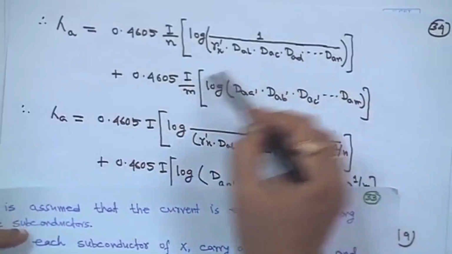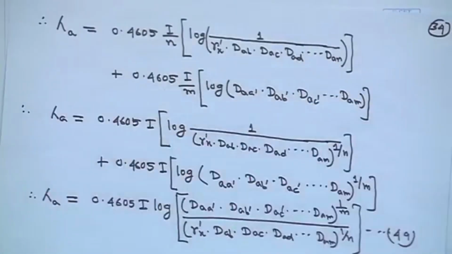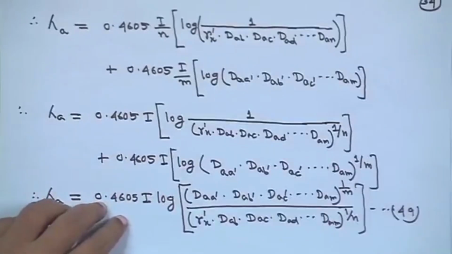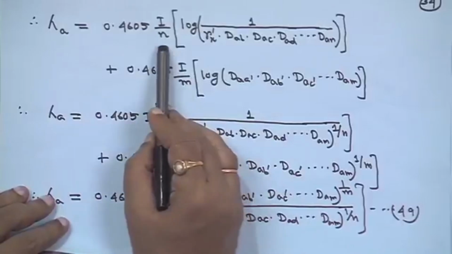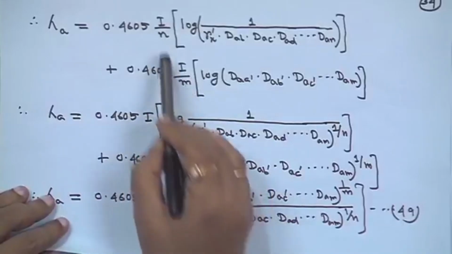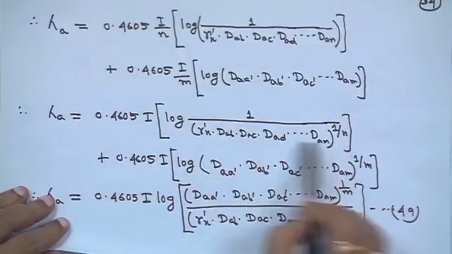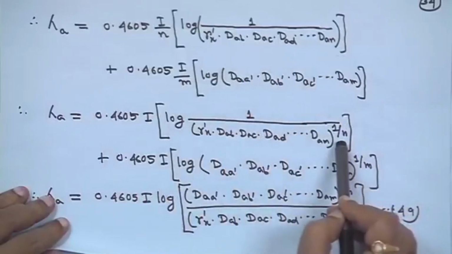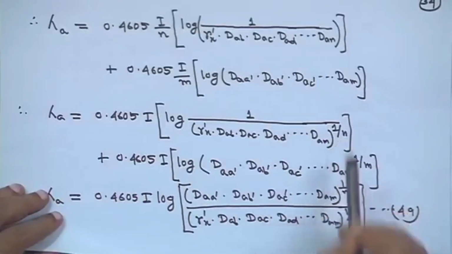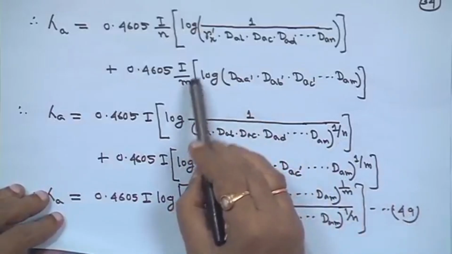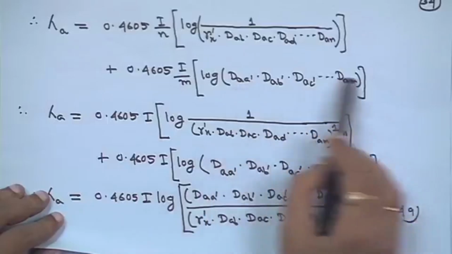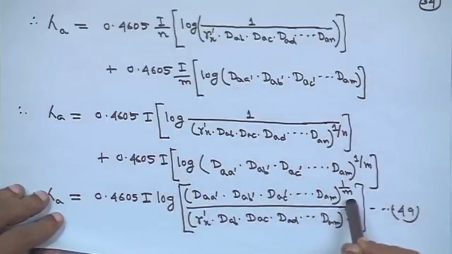Next, these two we can write as 0.4605 I, where 1 upon n is here and 1 upon m is here. So the log of all these terms is raised to the power 1 upon n, and similarly this one is raised to the power 1 upon m.